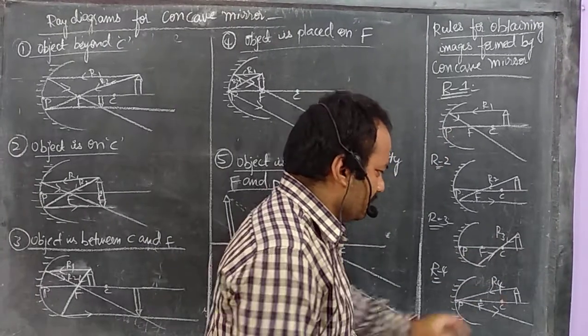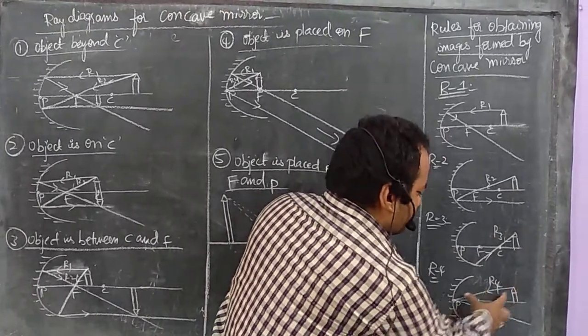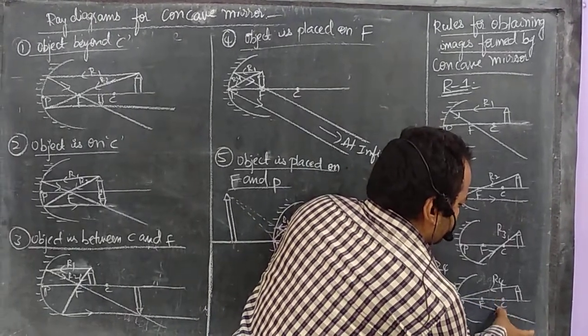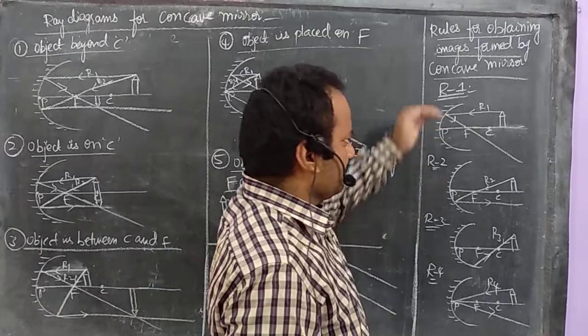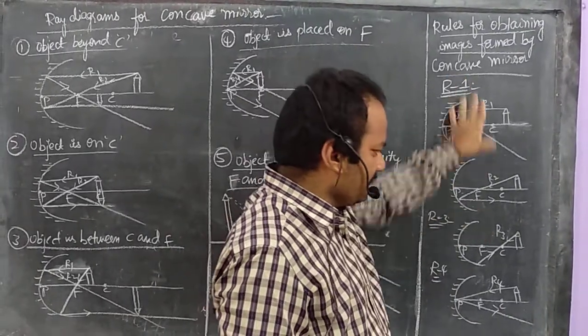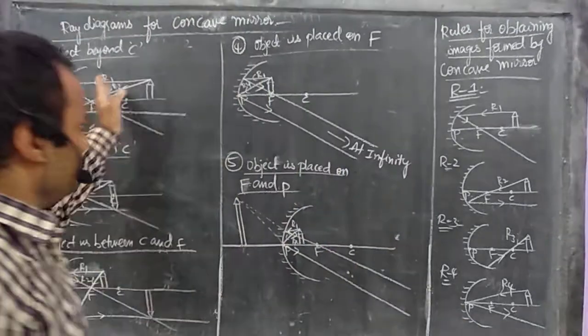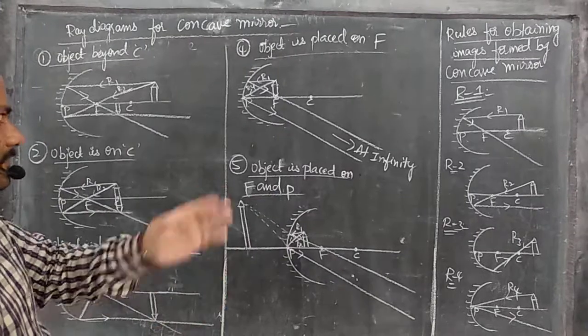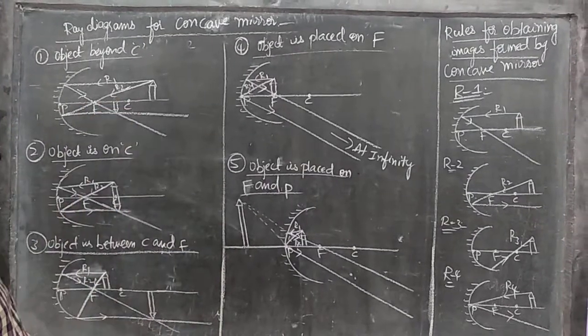What is rule 4? The ray directly falling on the pole of the concave mirror, and the reflected ray making the same angle with the principal axis. With the help of these 4 rules only, we discussed the 5 cases. Once again, recall it.